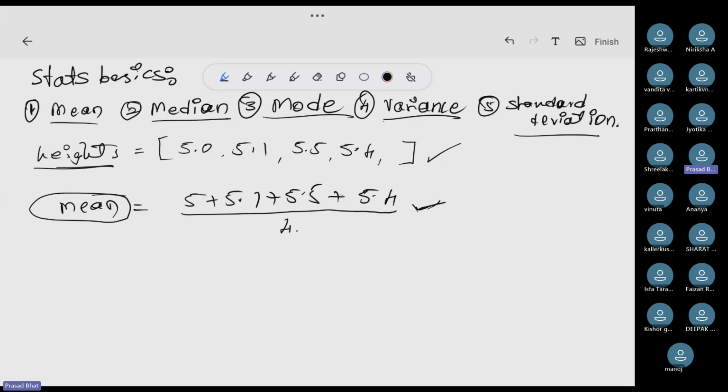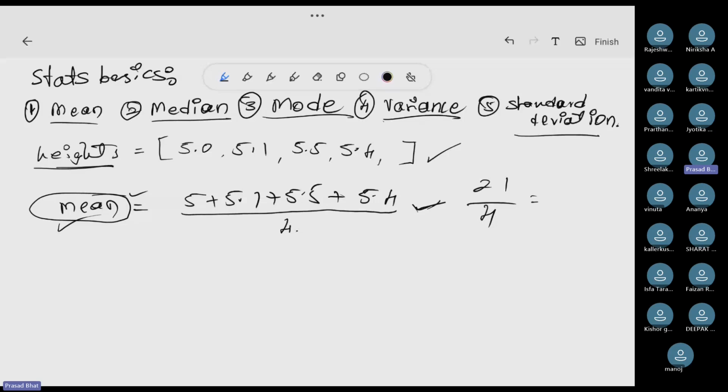You already know the average value, the mean value. Then the blind guess that you can make is the mean value, right? What is it? 5 plus 5.1, 5.5 plus 5.4. Can anyone make a quick calculation? It is 10.9, 11, 16 plus 5, 21 divided by 4, right?